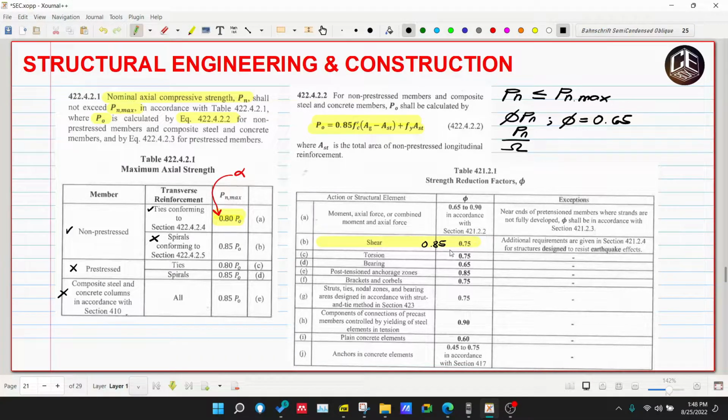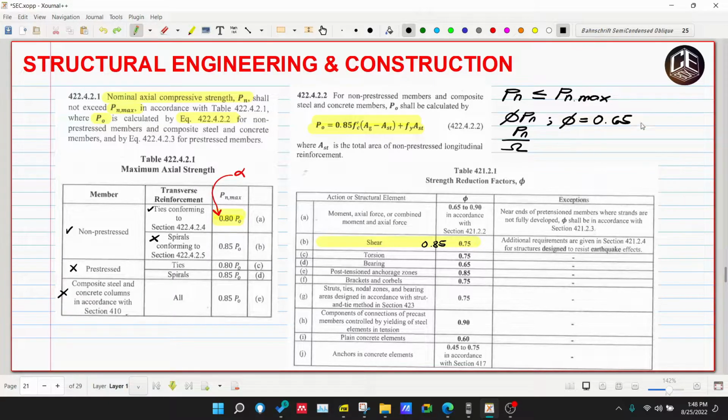Yan yung kanyang reduction factor. Tama pa rin naman siya actually, pero yung 0.85 is according sa older version ng NSCP. Pero ngayon, sa NSCP 2015, naka 0.75 na siya. So, pwede rin naman siyang correction kung 2015 ang basis ng ating problem. Pero kung 2010 pababa, 0.85. Make sure na lang na alamin ninyo lahat ng mga reduction factor and factor of safety sa iba't ibang version or edition ng ating NSCP.